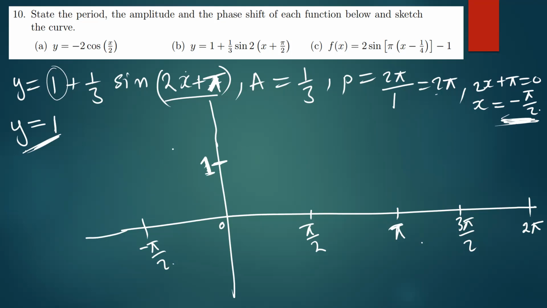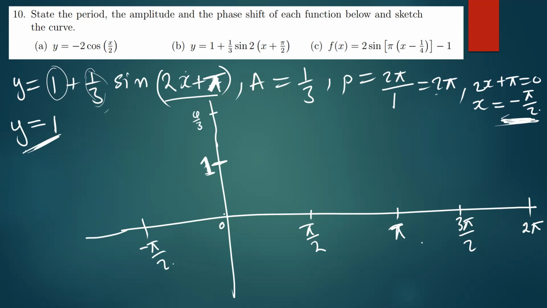you can now do what? You can now find the maximum point at which the curve is going to go and the minimum point by just adding 1 to the amplitude. So when you add 1 to the amplitude, 1 plus 1 over 3, you are going to get 4 over 3. So 4 over 3 will be expected to be somewhere there.